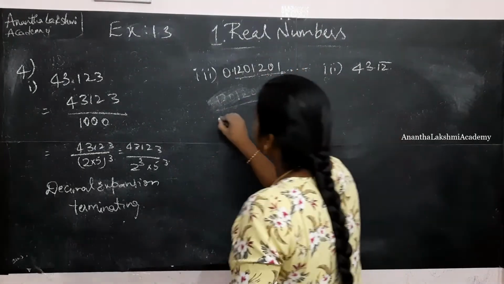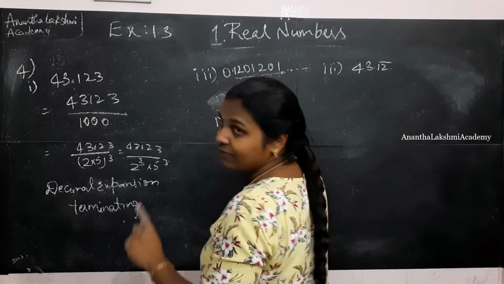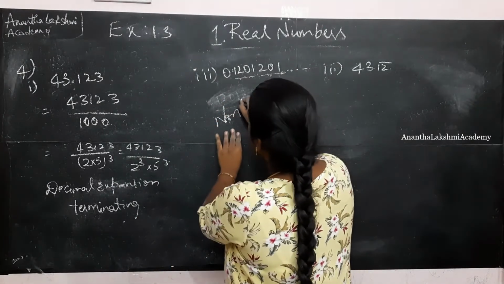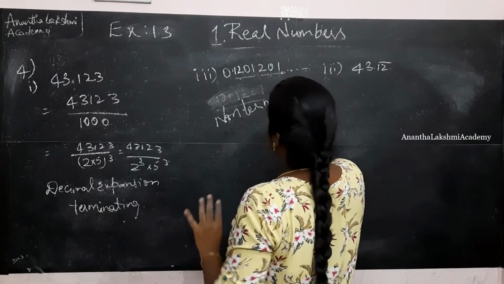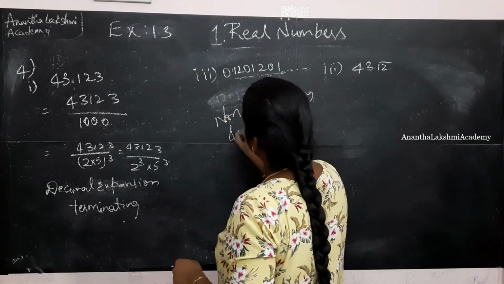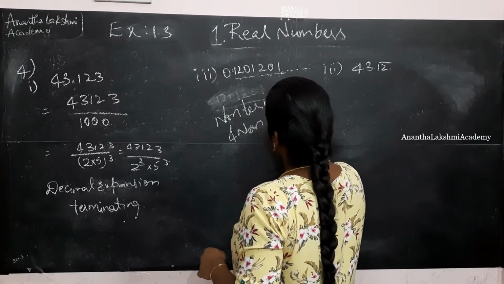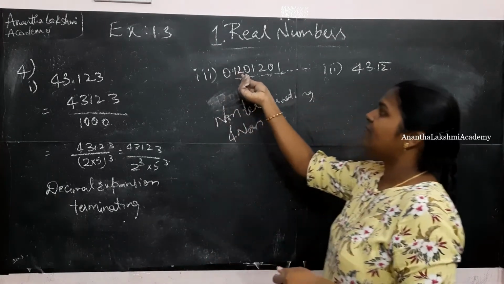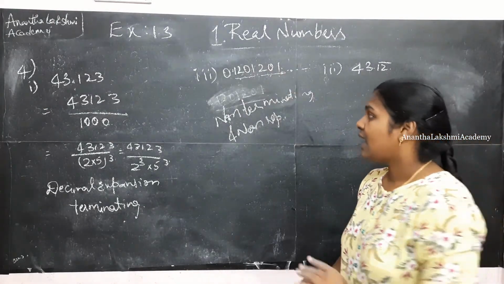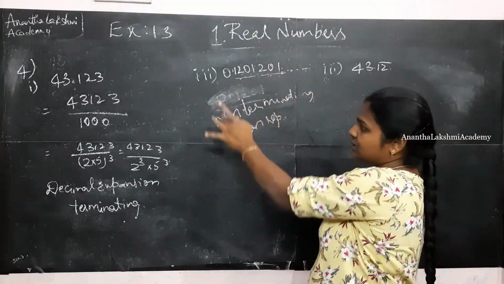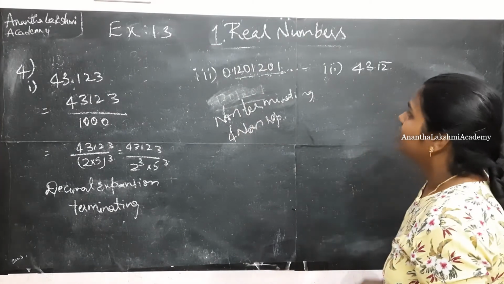Alright, so I'm giving a hint for these problems. This is non-terminating and the pattern is also non-repeating. So for the second problem here, if you observe 1 2 0 1 2 0 1, the pattern is not repeating and this is also not terminating. So that is what we have written here.